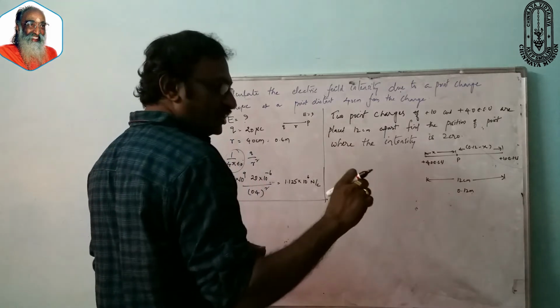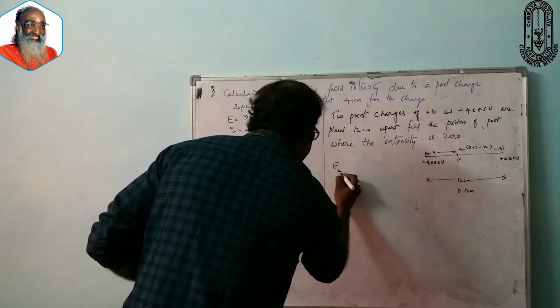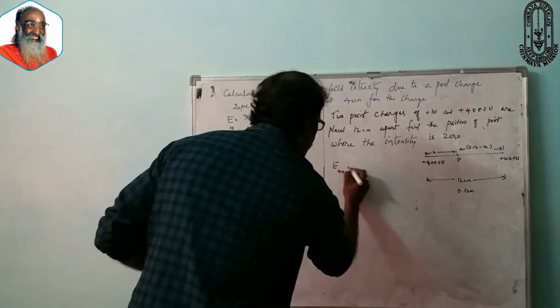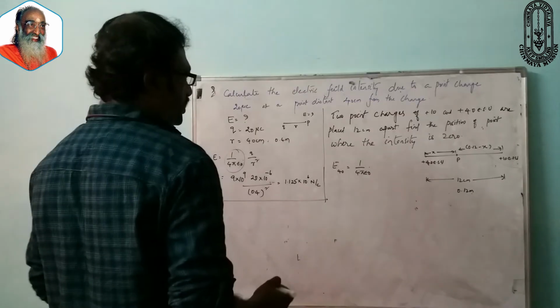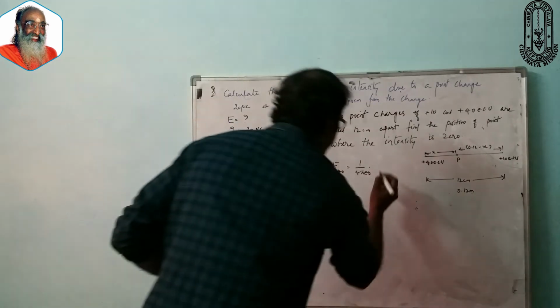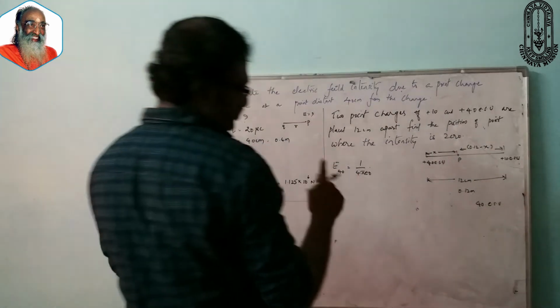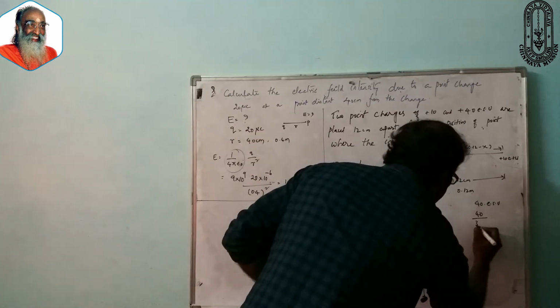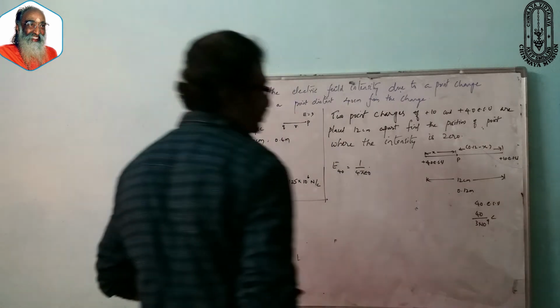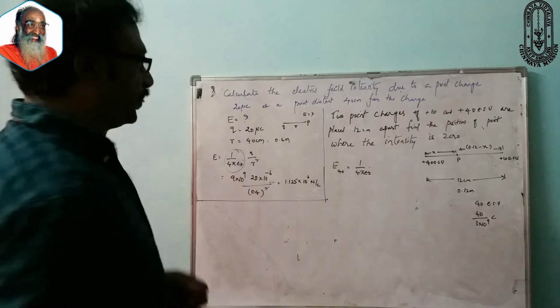First let's find the intensity at P at a distance x. So E of 40 is 1 by 4 pi epsilon naught Q by R square, isn't it? Q is 40 ESU. I cannot go with the ESU unit, so I will take it as 40 by 3 into 10 to the power of 9 Coulomb. You know already the conversion between ESU and Coulomb.